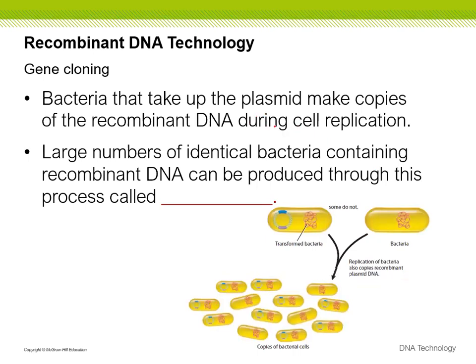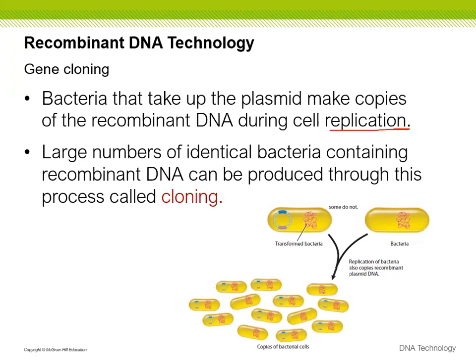So when we have this plasmid, they eventually end up replicating themselves, right? So we replicate this bacteria. And this is eventually what leads us to clone it. If you do this right, what you've done is you've cloned a bunch of bacteria with the DNA you specifically want.